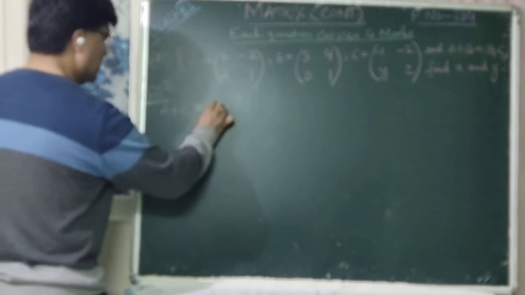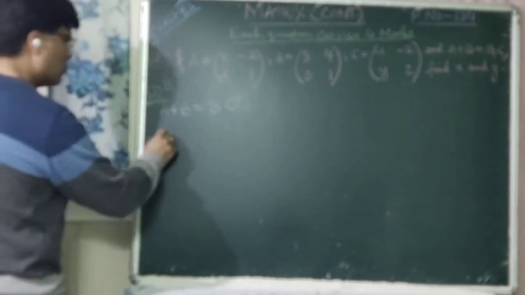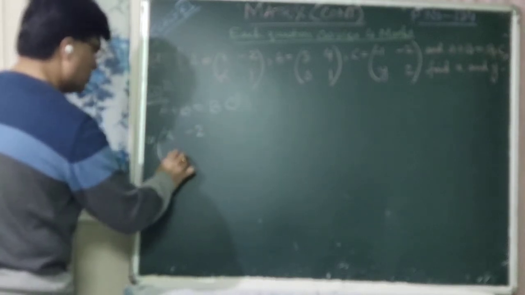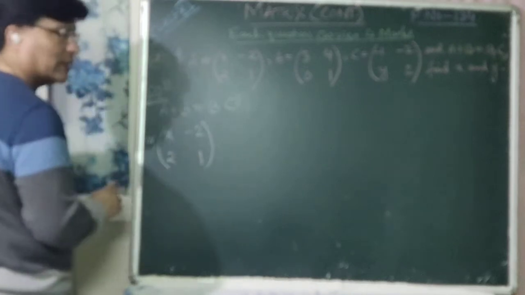So the solution is, so here also an equation is given. What is that equation? A plus B is equal to BC. Or what is A out here? This is x minus 2, 2, 1, right?